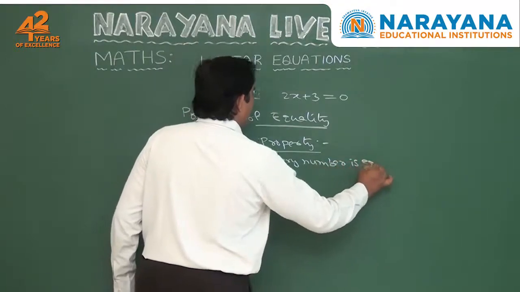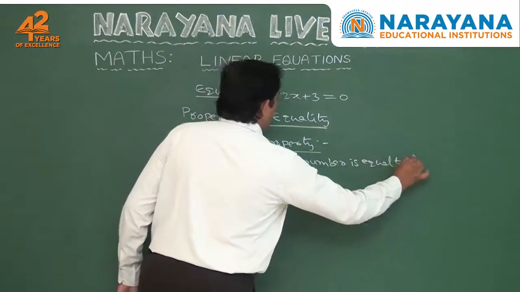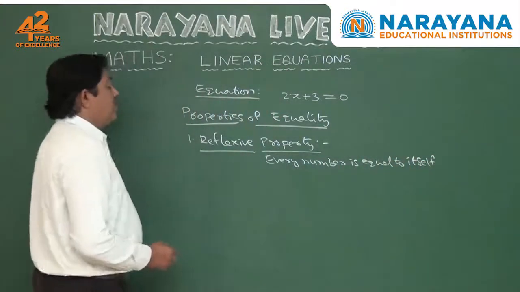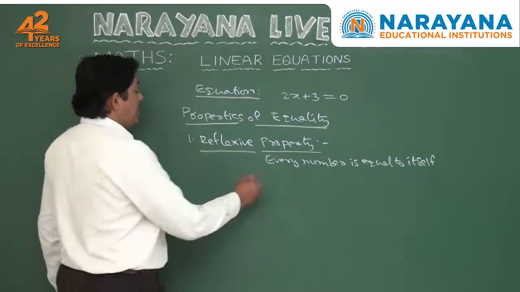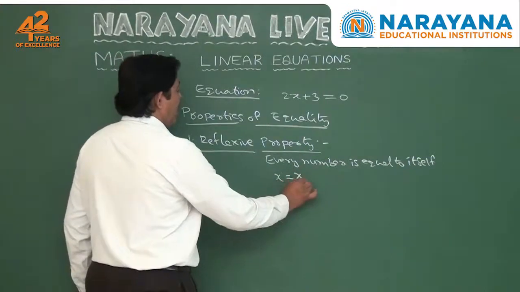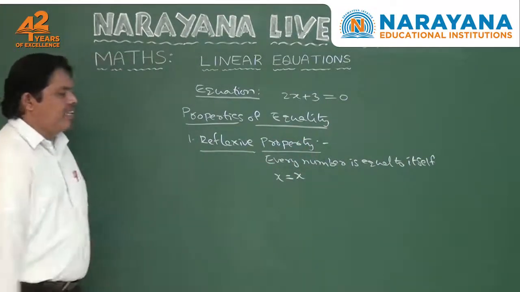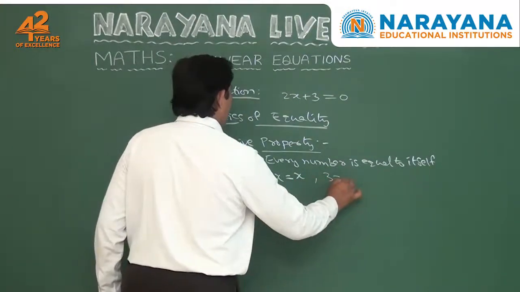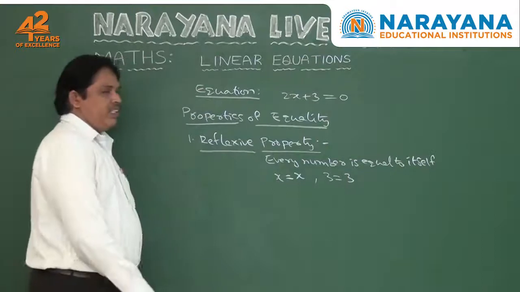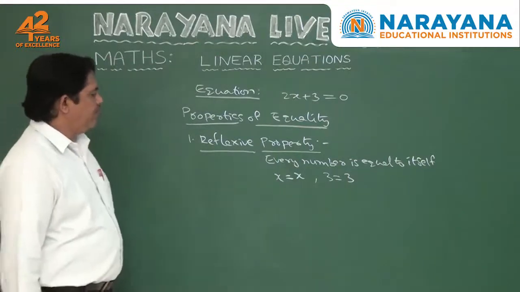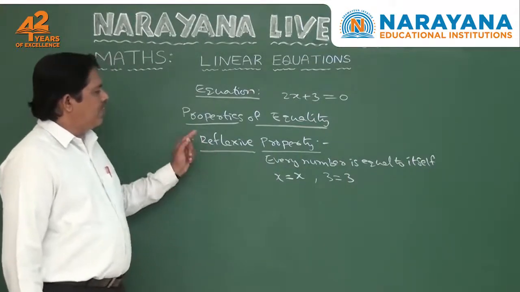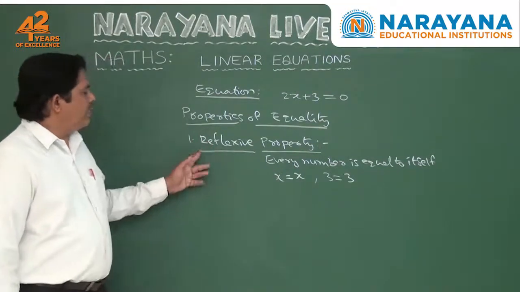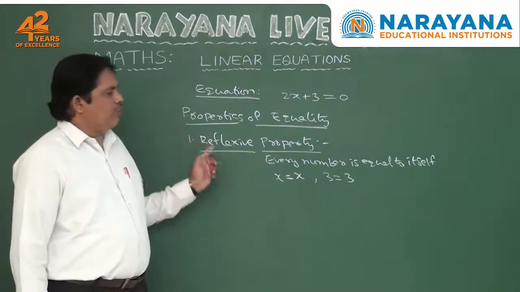For example, if x is any number, x equal to x is the reflexive property. When we take 3 equal to 3, that is also the reflexive property. That is the first property.